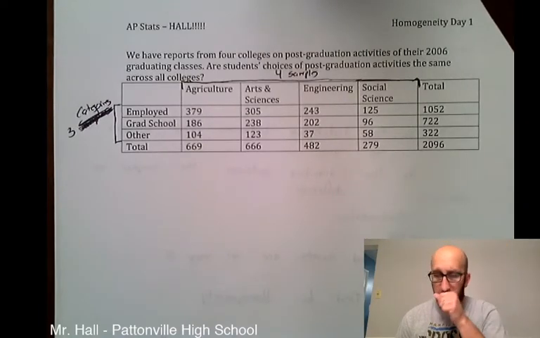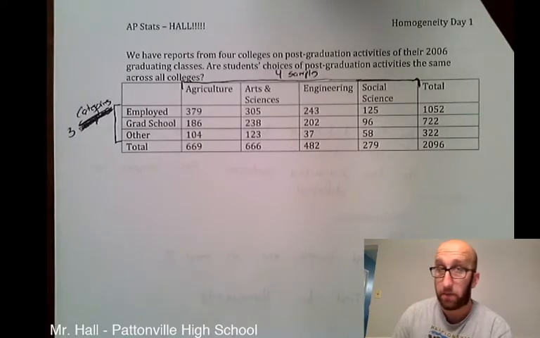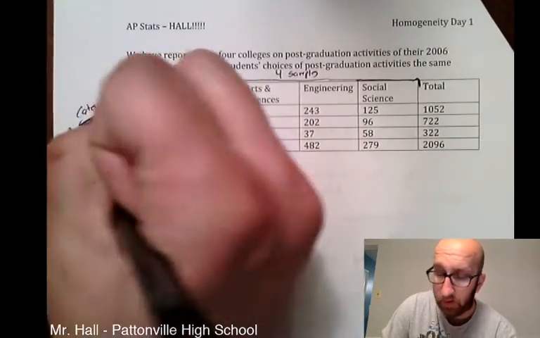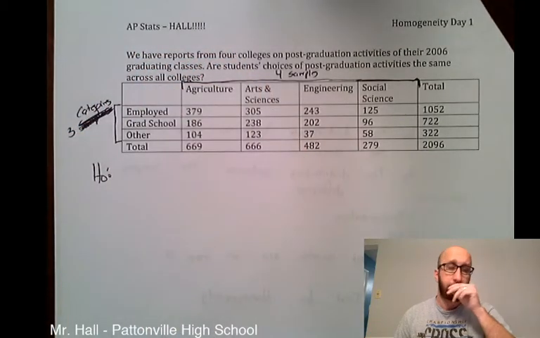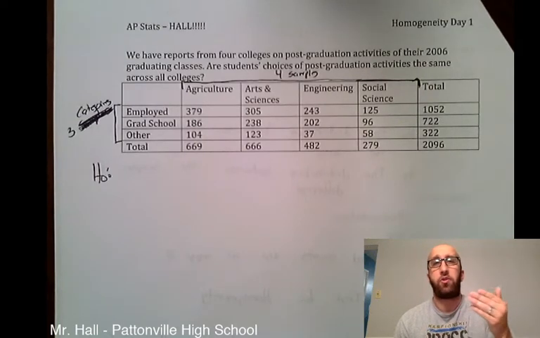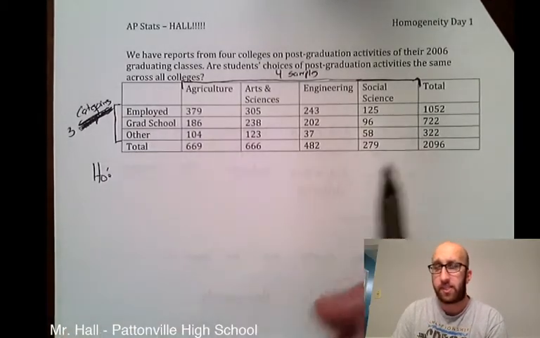Okay, so we're going to start off with our null and alternative hypothesis, because remember, we don't have a parameter here. For our null hypothesis, if you go back to when we did the setup video, we're going to assume the distribution of these different activities is the same.